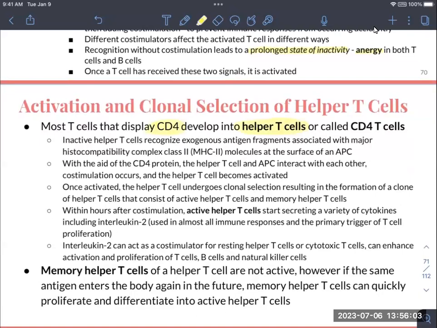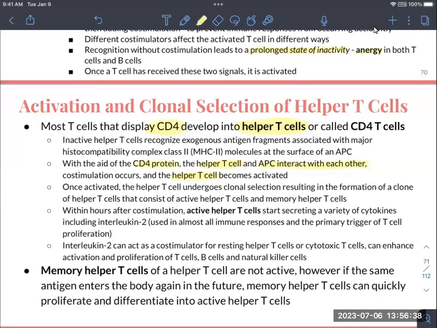When they recognize these different fragments from major histocompatibility complex 2, or from antigens that are found outside of the body, these CD4 proteins, the helper T cell and the antigen presenting cell, all interact with each other. This co-stimulation occurs, and then the helper T cells become activated. It's kind of another one of those chain reactions. There's a lot of chain reactions in your body.